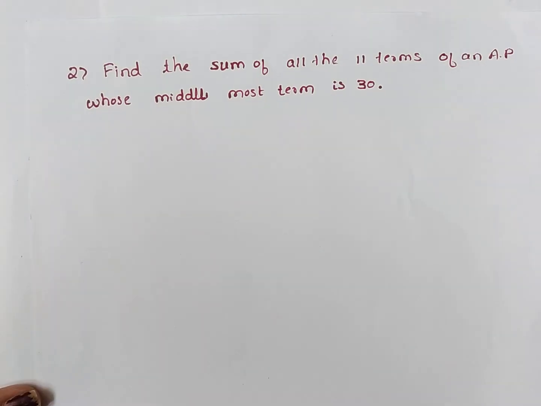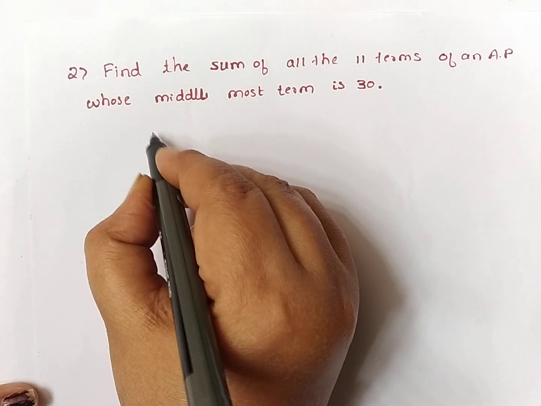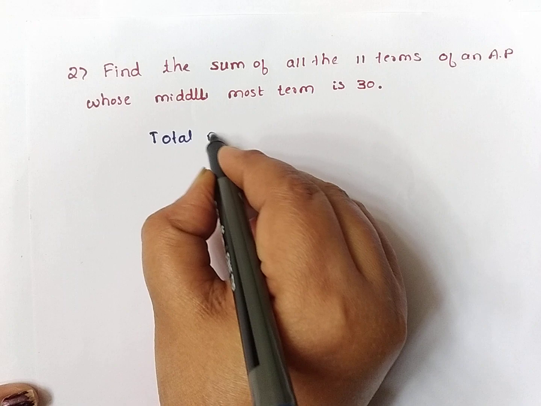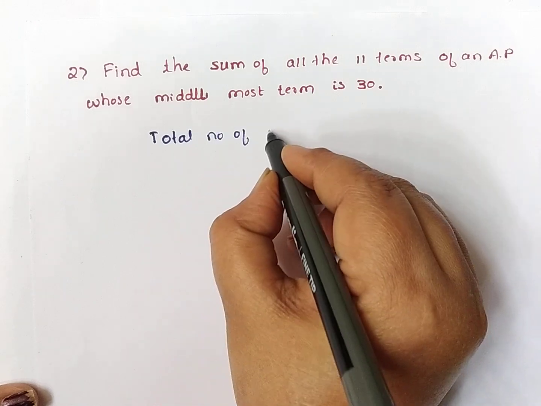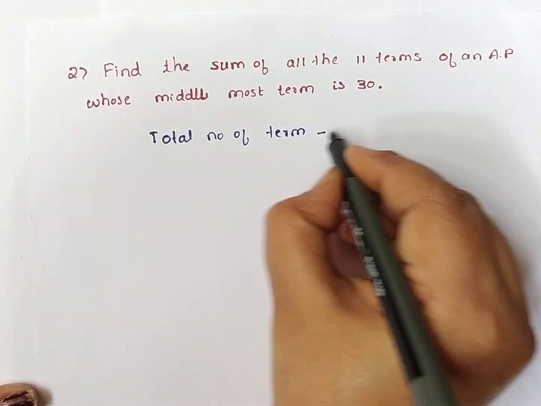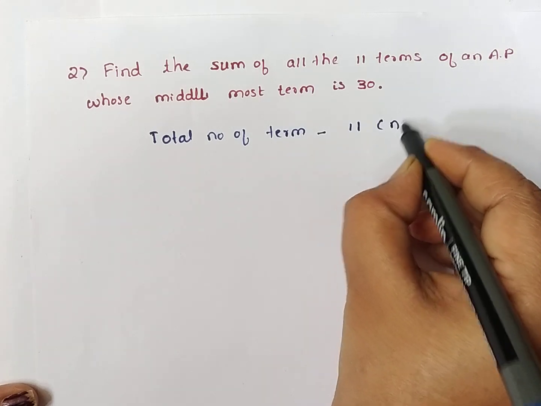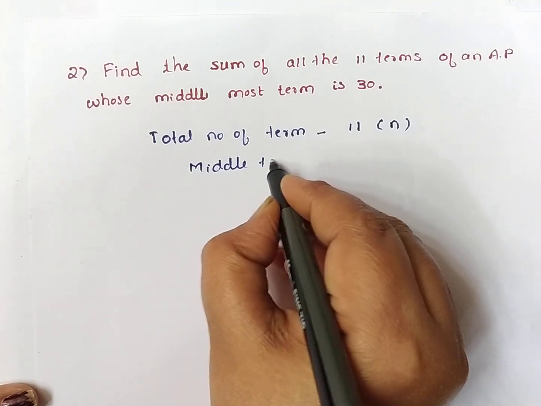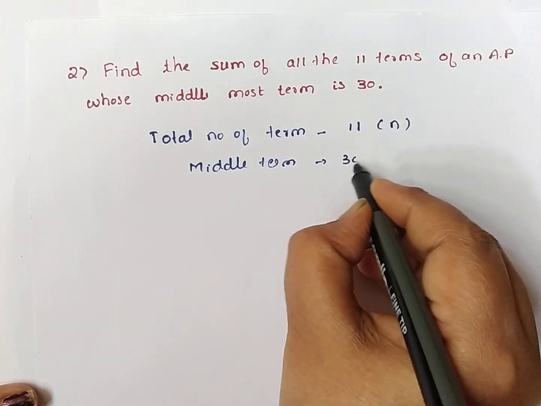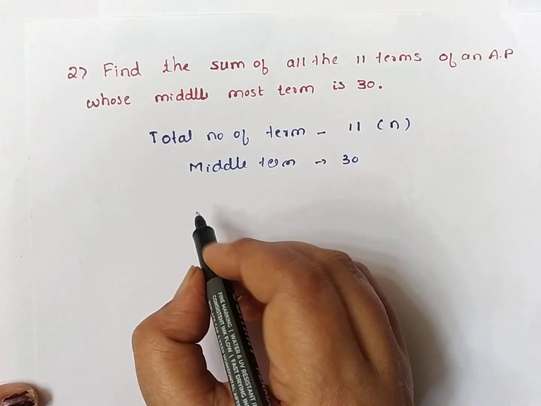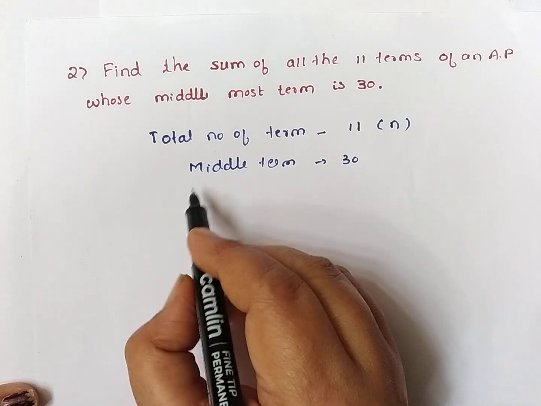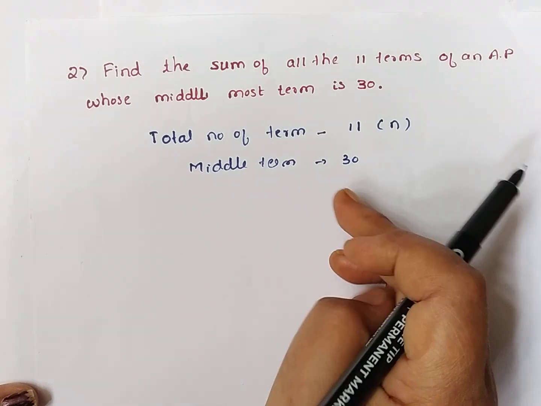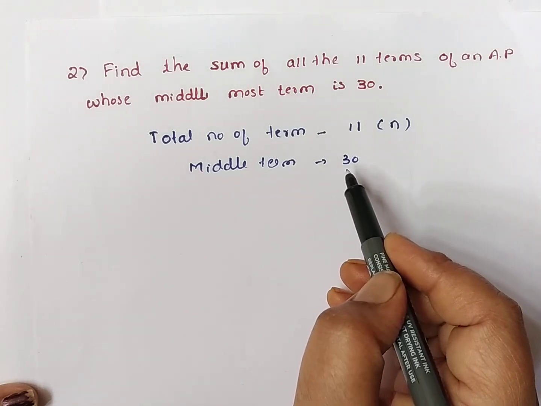So how to solve? First we write the total number of terms: n equals 11. And the middle term equals 30. How will you find the middle term? Middle term means you have to find which term is 30.